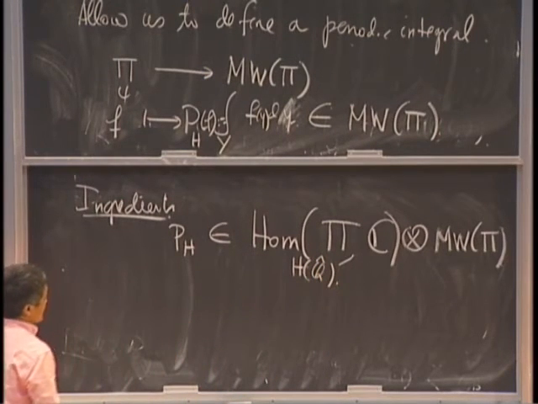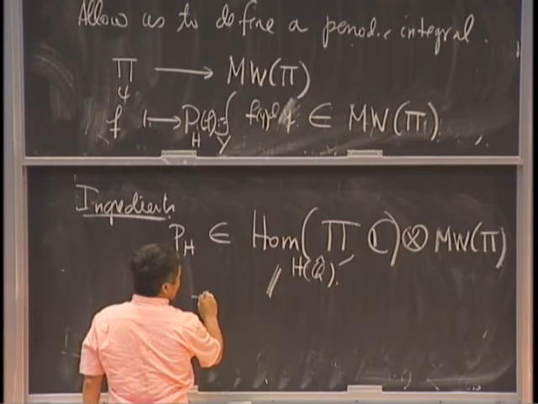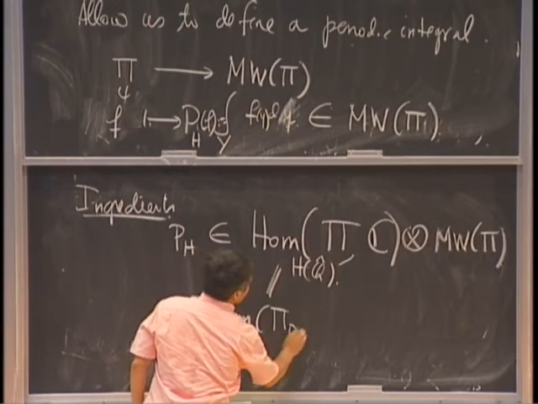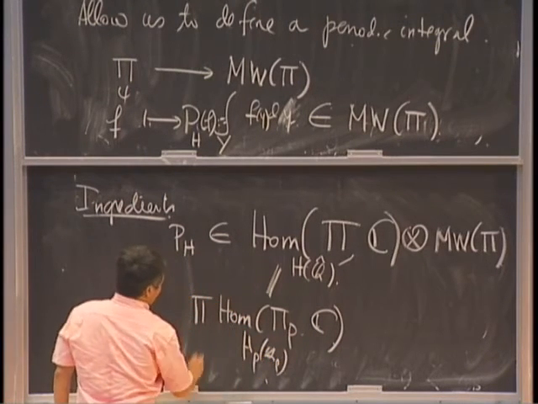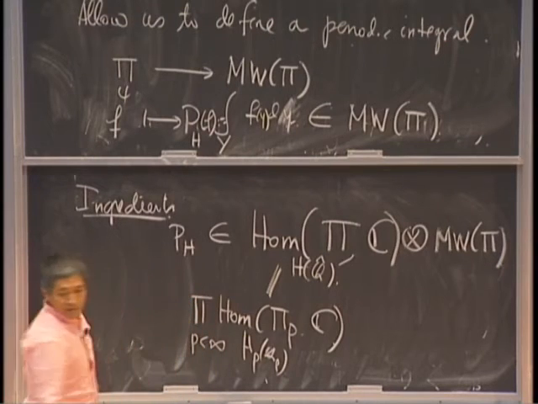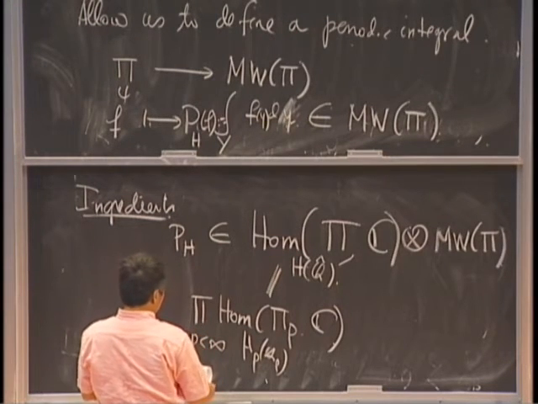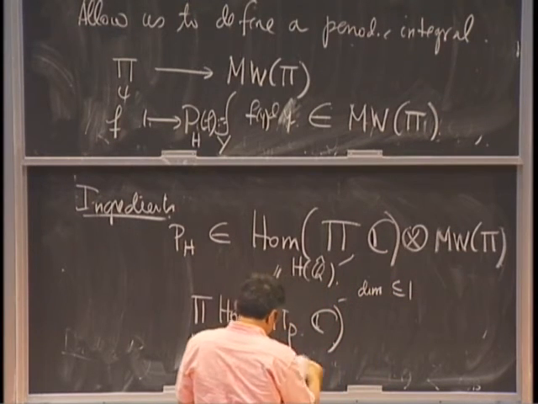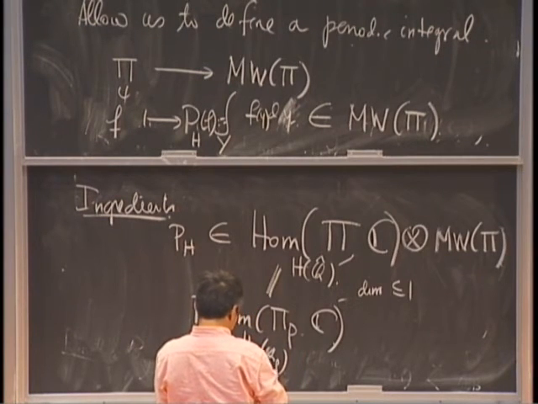Right. This is nothing surprising. And again, this thing is a direct sum. It's a product of local representations, H_p of Q_p, p less than infinity. And then by a theorem, for many people, this thing is actually at most one-dimensional. This has dimension at most 1 by, I hope I can remember all the people's names.